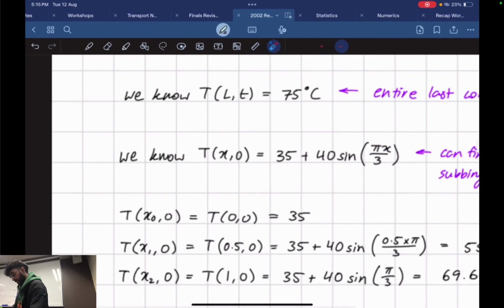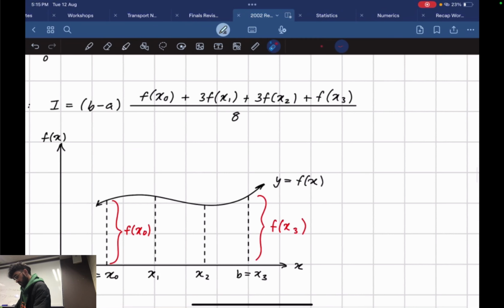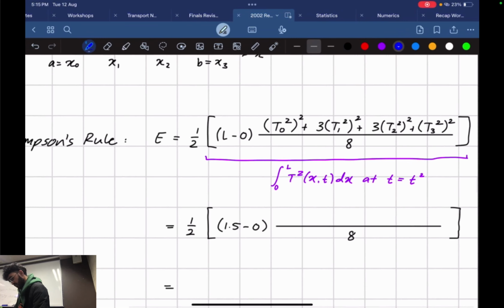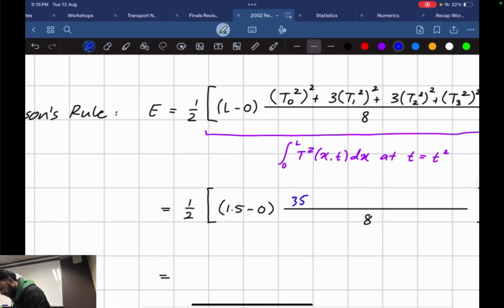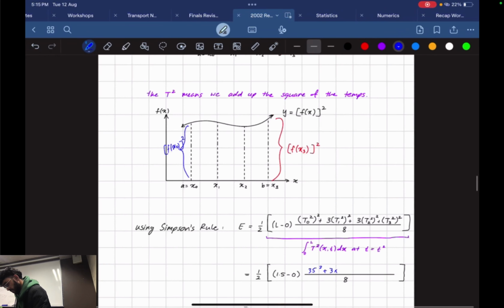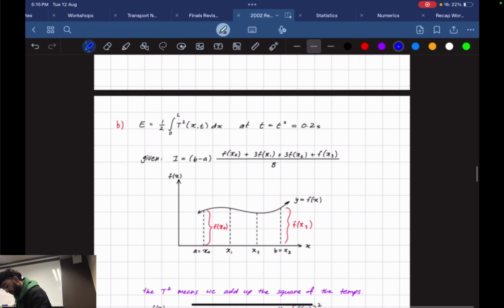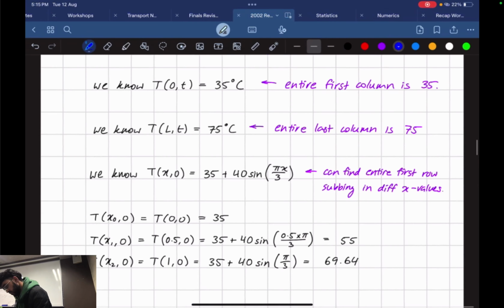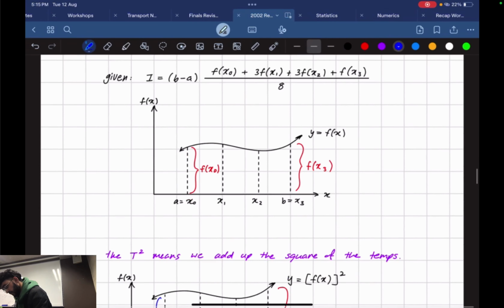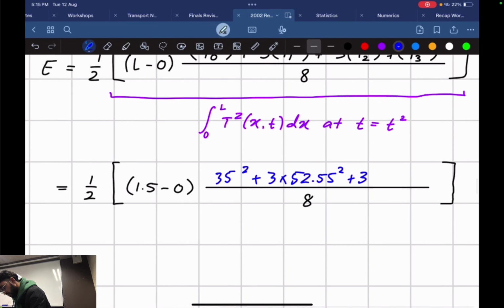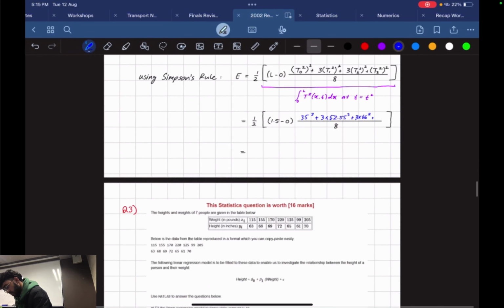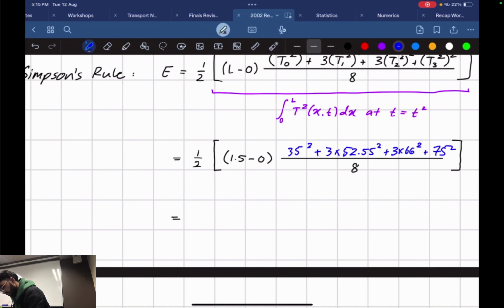Alright, so this one over here, t20, is going to be 35 squared plus 3 times 52.55 squared plus 2 times 66 squared plus, what's the last value? 75. 75 squared.